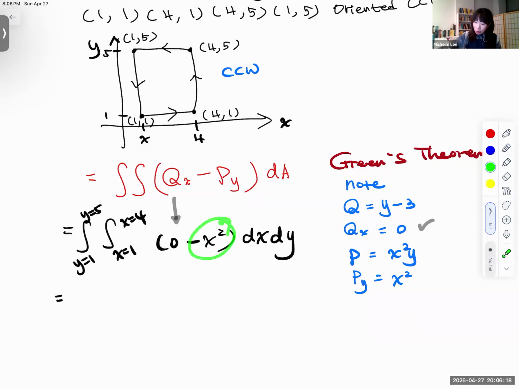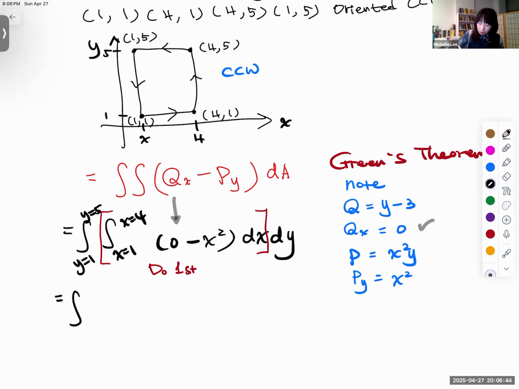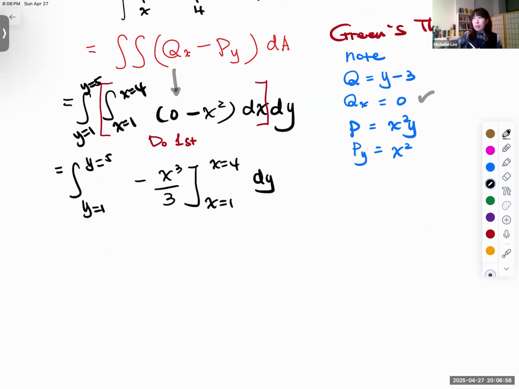Now we have just negative x squared. Let's do one step first. There is no y, so no need to treat y as a constant. We integrate with respect to x. Negative x squared gives negative x to the third power over 3, from x equal to 1 to 4, with y from 1 to 5.